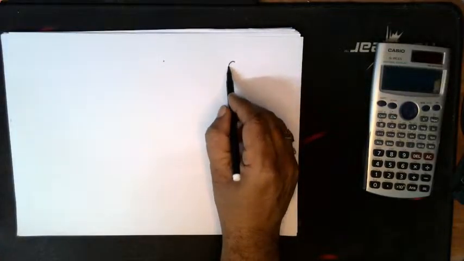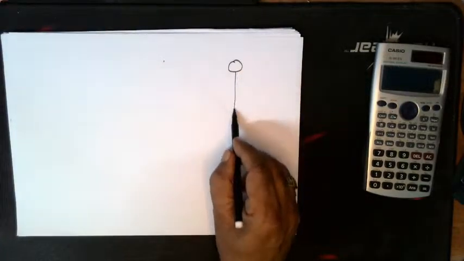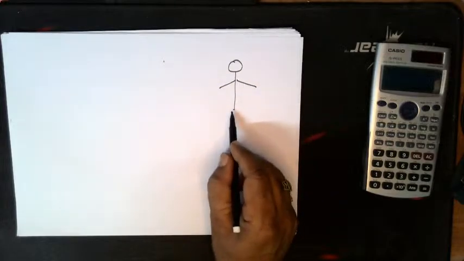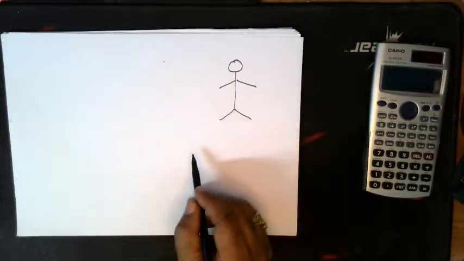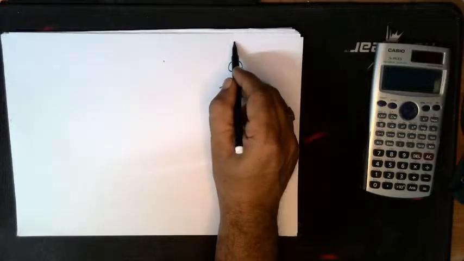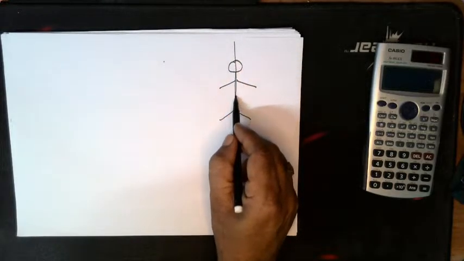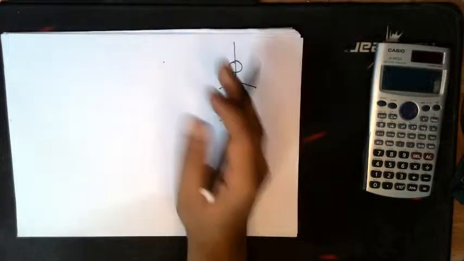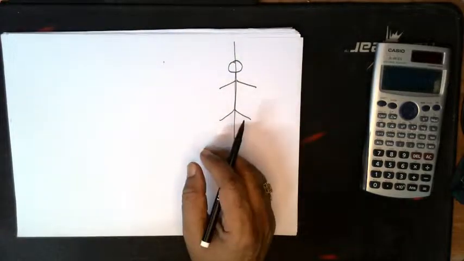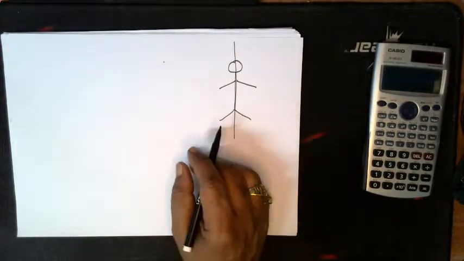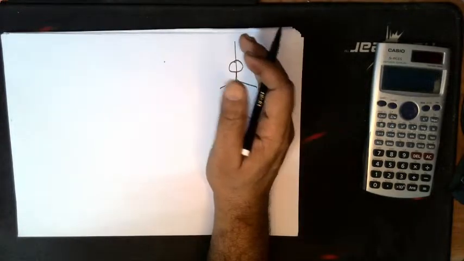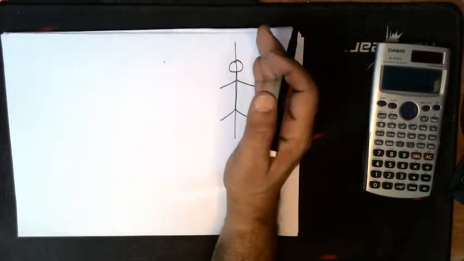For example, consider a human being. A human being has two hands, two legs, and you can bisect the human into two equal parts, like a mirror image. So it has a vertical plane of symmetry.